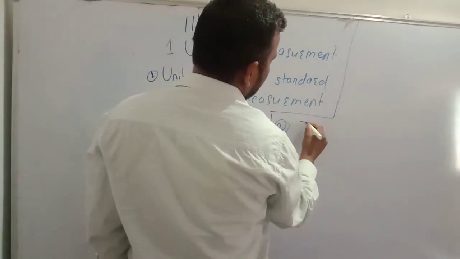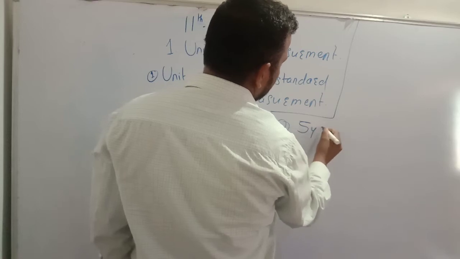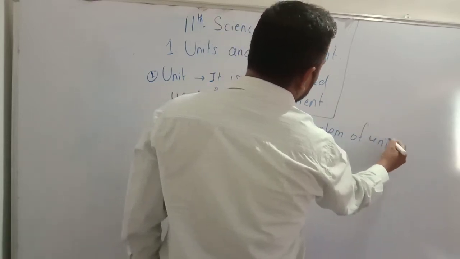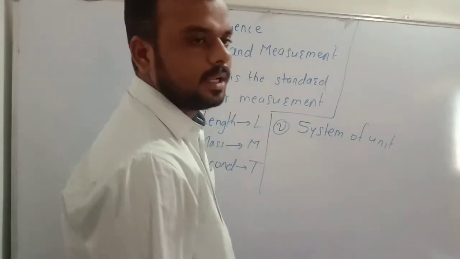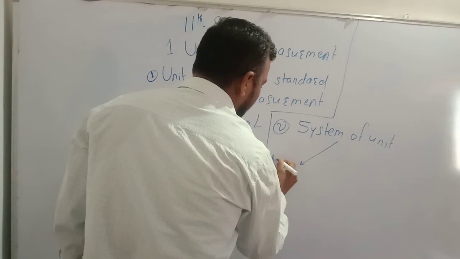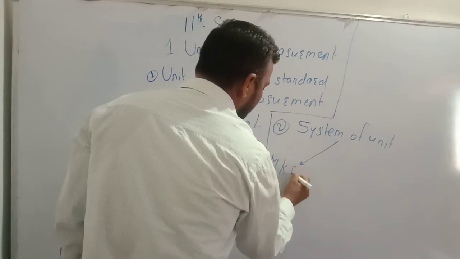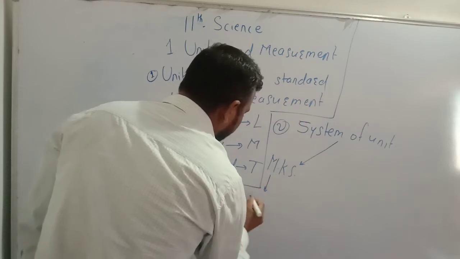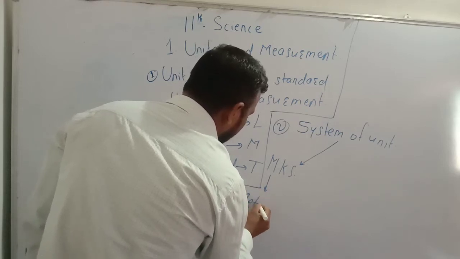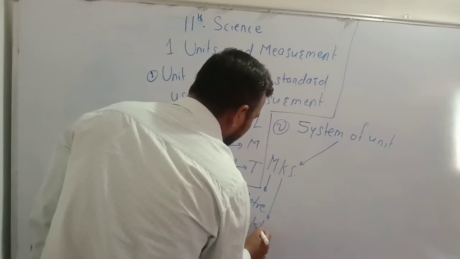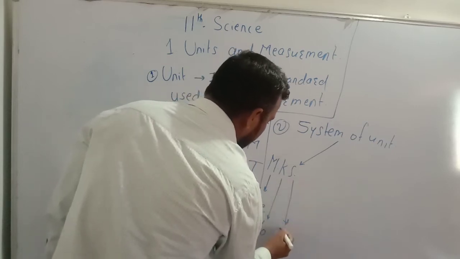Second point is the system of unit. There are four types of system of unit. MKS: M for meter, K for kilo, S for second.